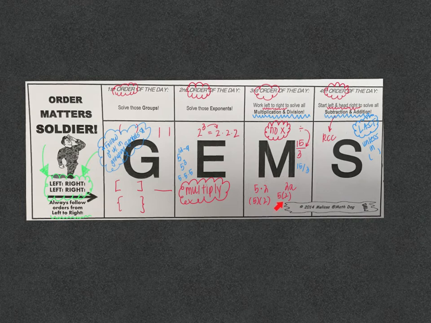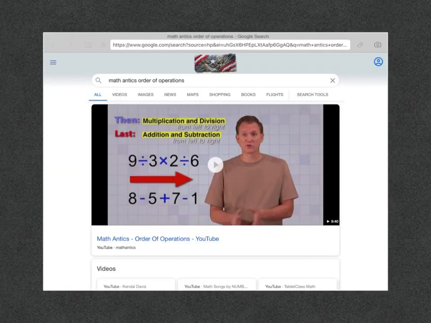You must have dropped a symbol if you have that. And for subtraction, we still need to follow keep, change, change, changing it into addition. You still need to go left to right, and be sure that you are not subtracting anything until you've done all the multiplication and division, unless you see things in parentheses. And remember, within parentheses or any other grouping symbols, you follow order of operations.